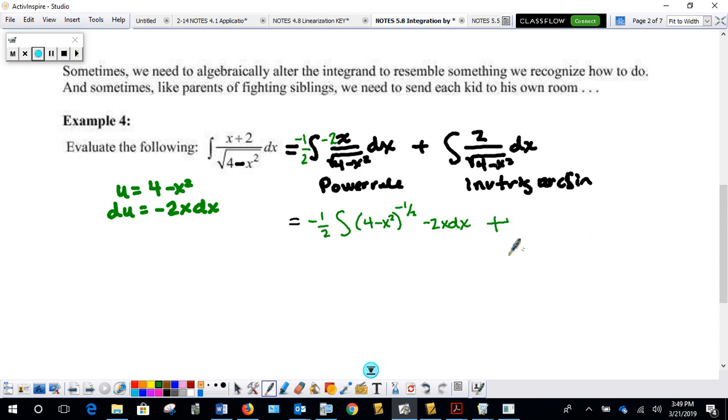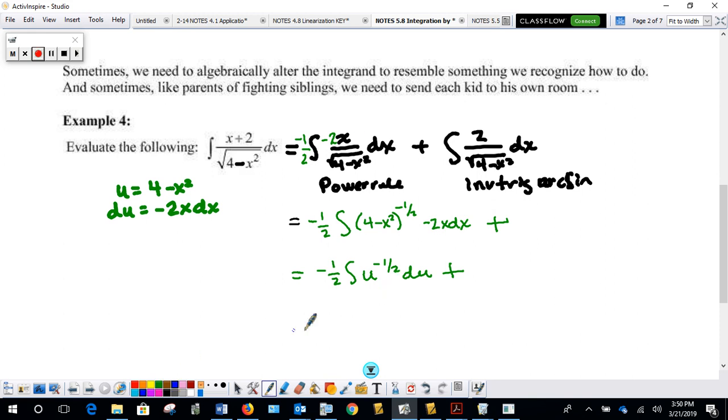For the moment, just put a plus. We'll come back to that. This is going to become negative 1/2 the integral of u to the negative 1/2 du. And so that's what we're going to be integrating for this side.